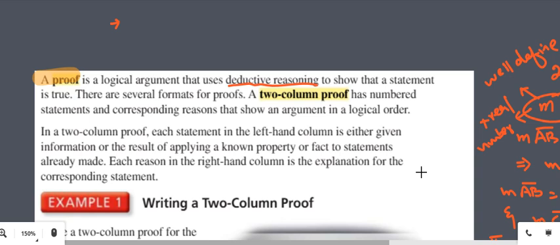For deductive reasoning, we first have some particular examples, right? And then we will make a general statement, or a particular statement.